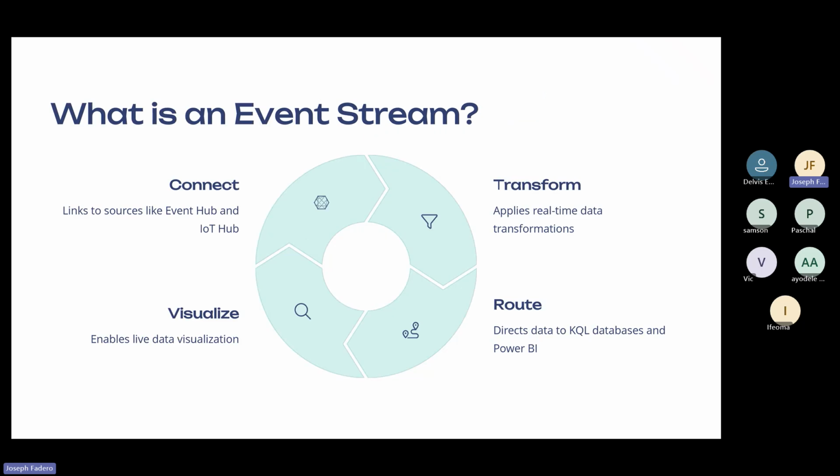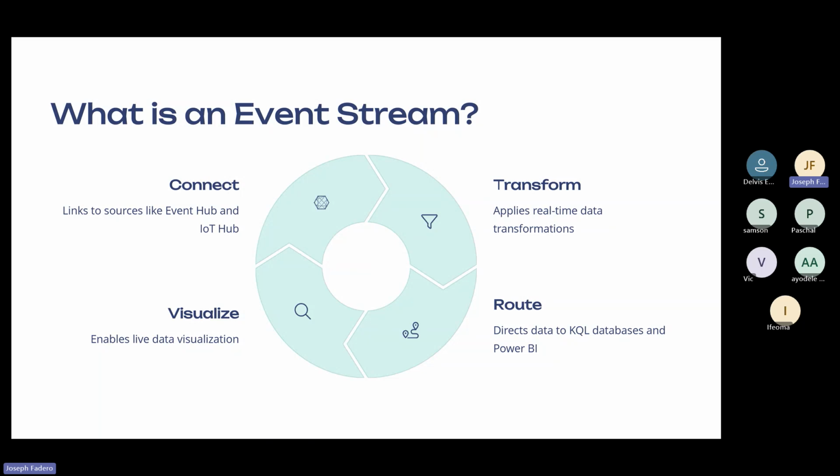So what's an event stream? In the case of event stream, you are connecting your data to maybe a live API, a live events hub, something that provides live information. I don't know how many of us have done the COVID-19 analysis, but if you are connecting to the COVID-19 data and you want it to be updated each time a new patient comes up with COVID-19, you use the event stream.